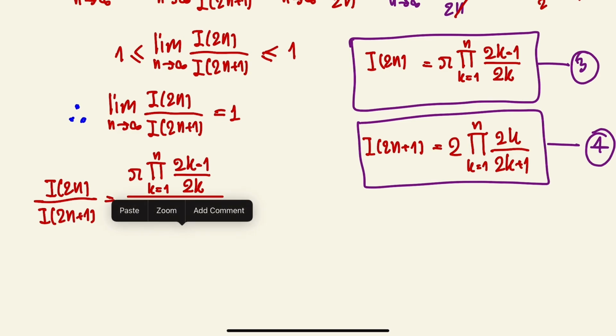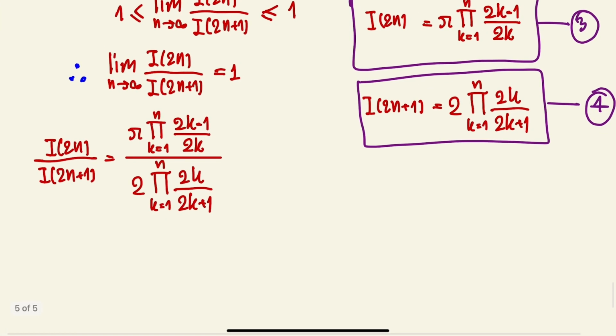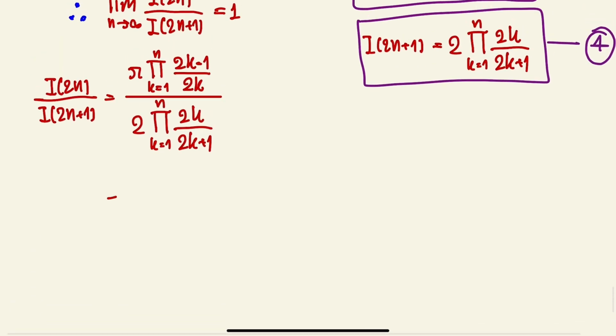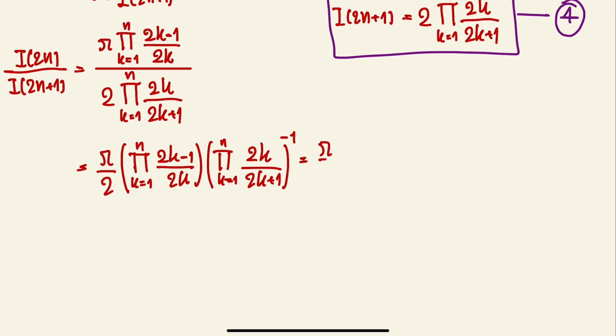According to the property of the big pi, we're going to have pi over 2 of the big pi from k equal to 1 to n of this term times this one. This term is the big pi from k equal to 1 to n of 2k over 2k plus 1 raised to the negative 1.